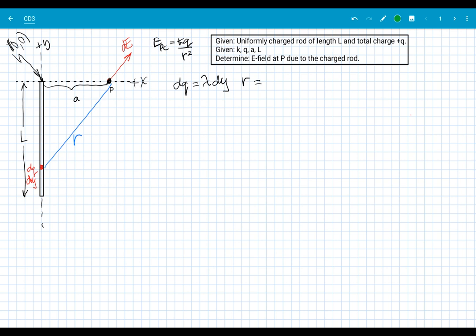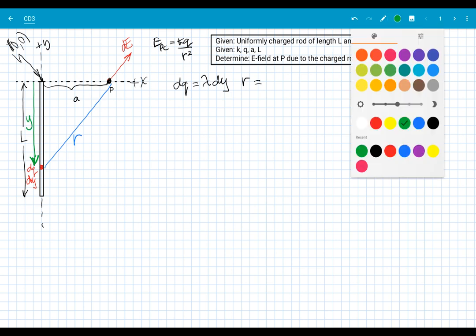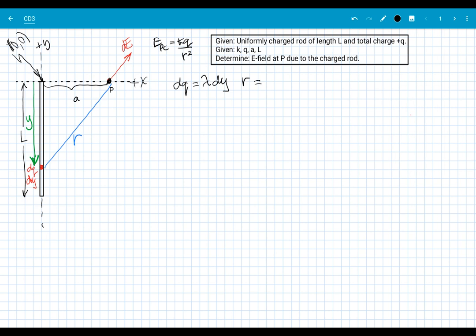So y is from the origin to my differential element. That's my y, so y changes, of course. R is then just the square root of a squared plus y squared. Fairly straightforward. We see that as our dQ moves around, R varies because y varies.